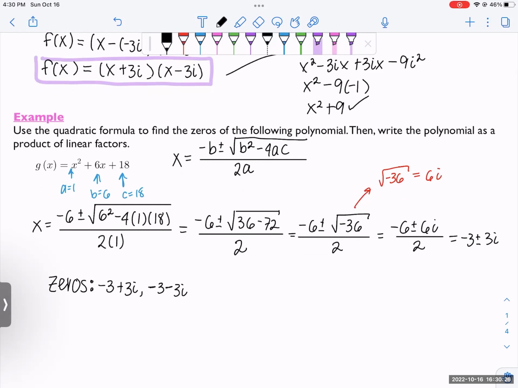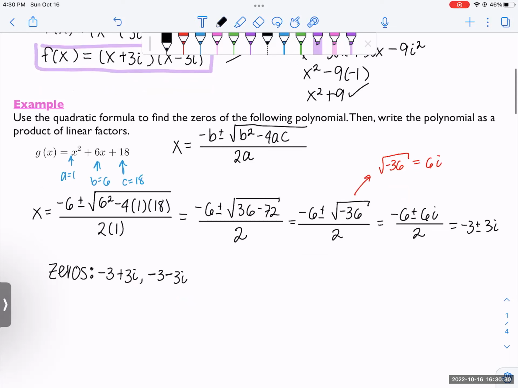So two zeros. The way that we write our polynomials as a product of linear factors, again, it's always x minus the zero. So our polynomial g of x would be x minus literally this entire thing.